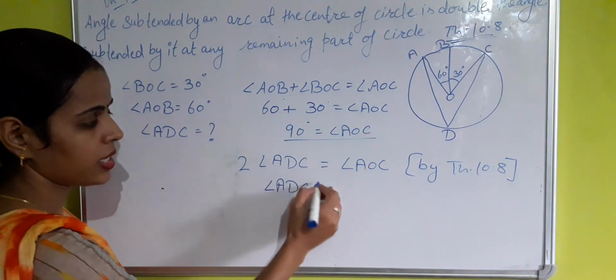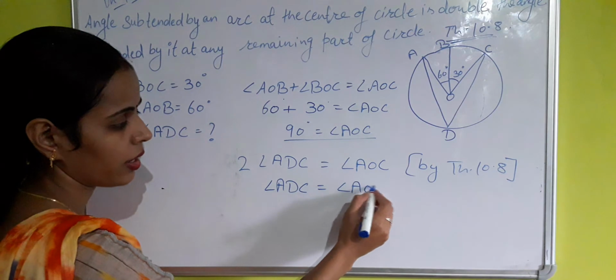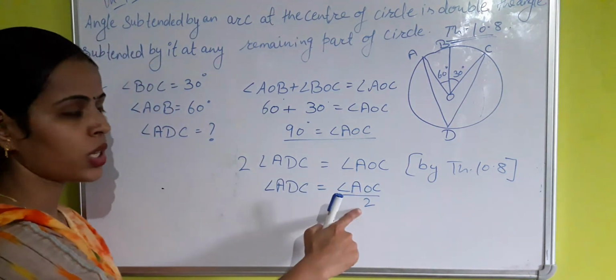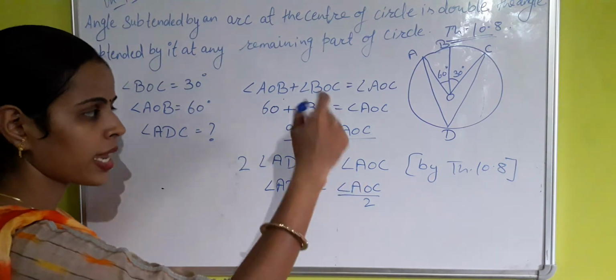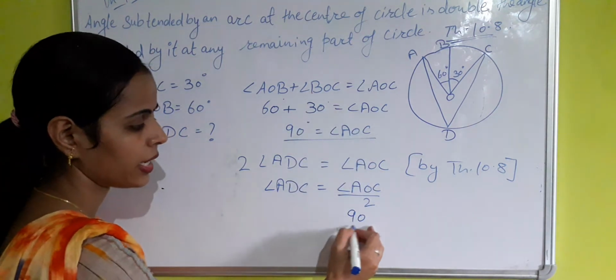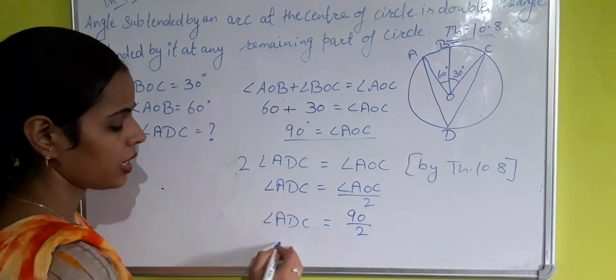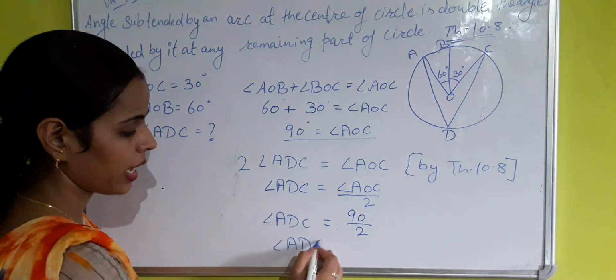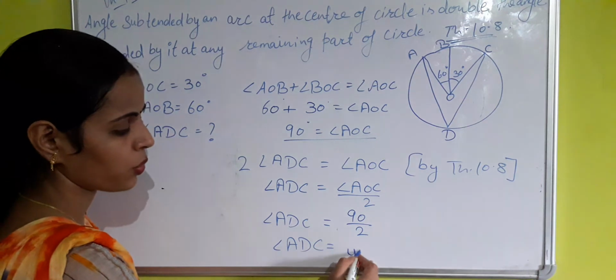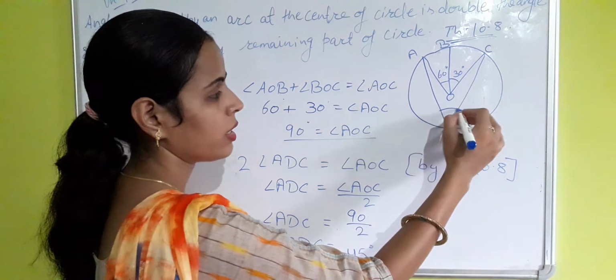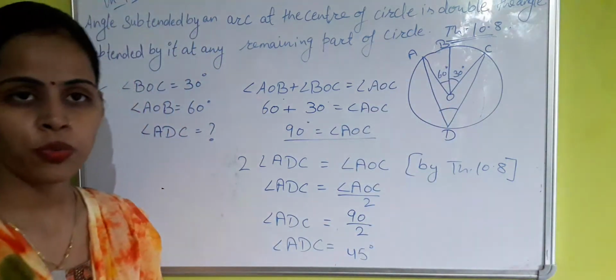Angle ADC is equal to angle AOC upon 2. The value of angle AOC is 90 degrees, 90 upon 2, so angle ADC is 45 degrees.